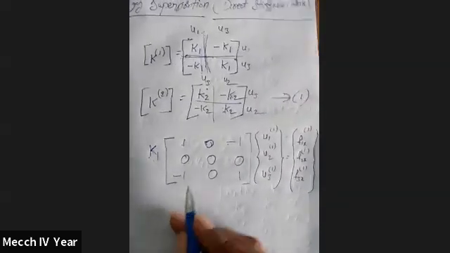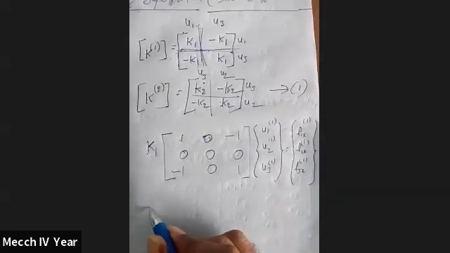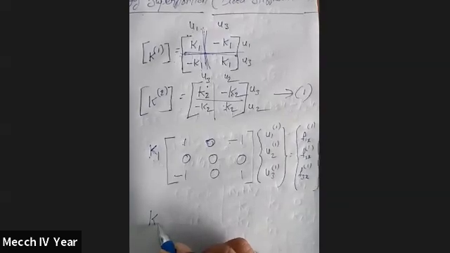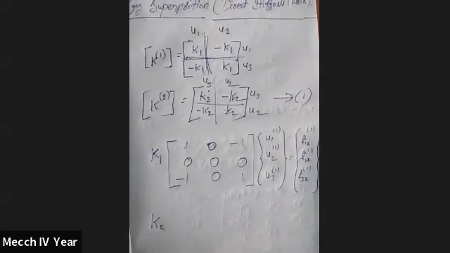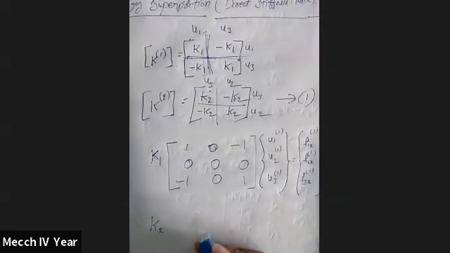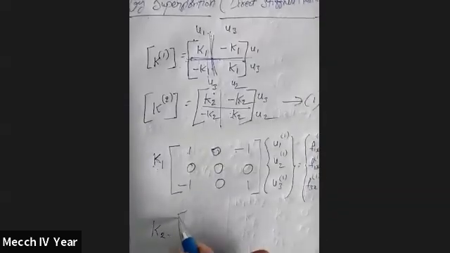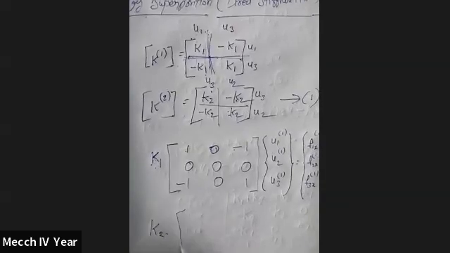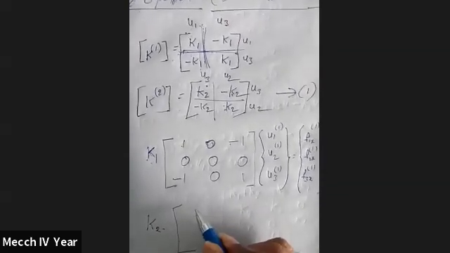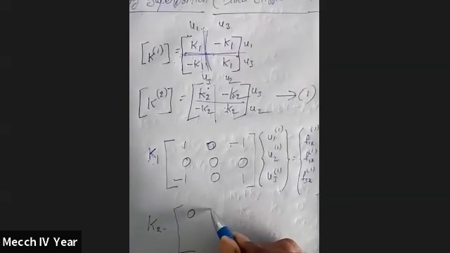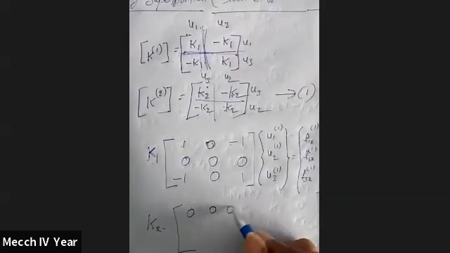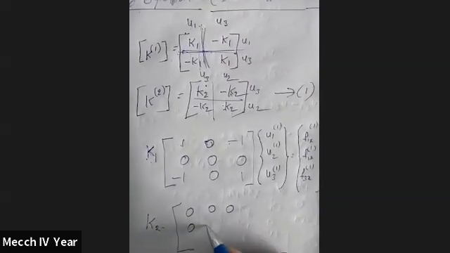Now we see the next one, K2. In a similar way I write the stiffness matrix of element 2: 0, 0, 0, 0, 1, minus 1, 0, minus 1.